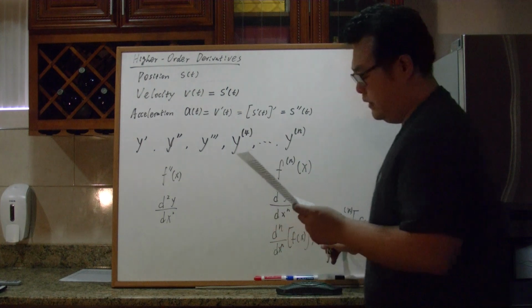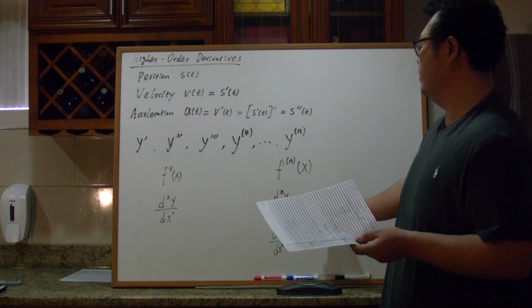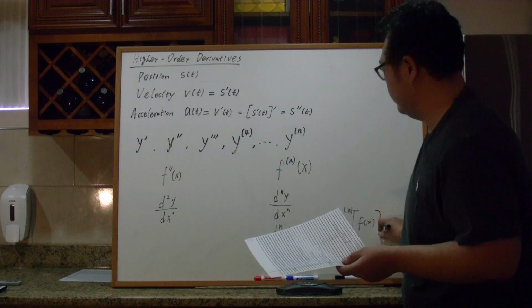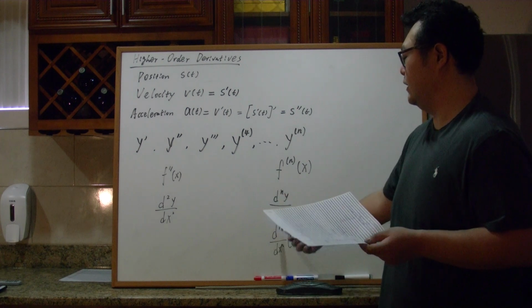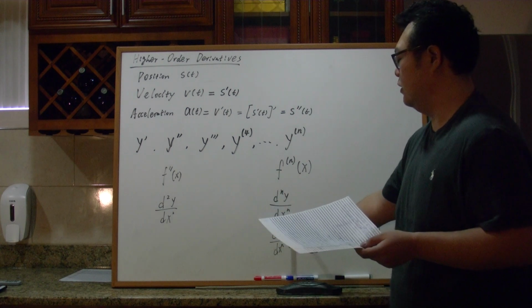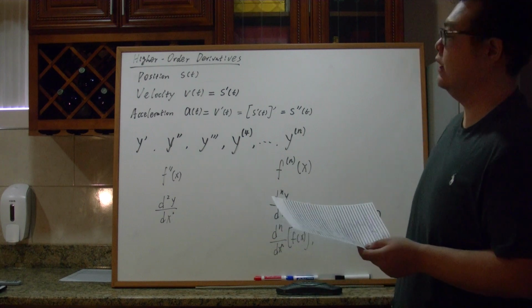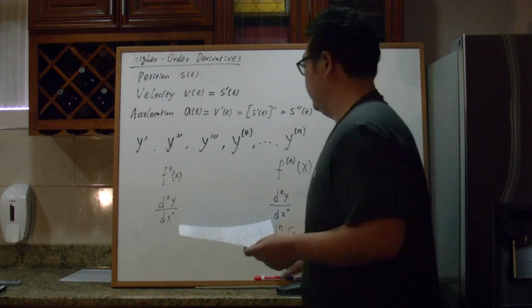The subscript shows which variable we differentiate with respect to, and the superscript shows how many times we differentiate, like here d^n y over dx^n, d^n over dx^n of f of x. Sometimes we may see that, but it's not as commonly used as the first.